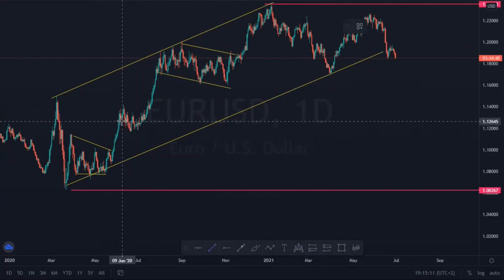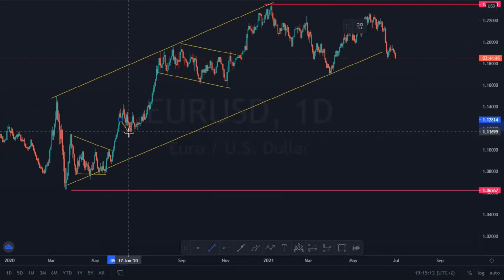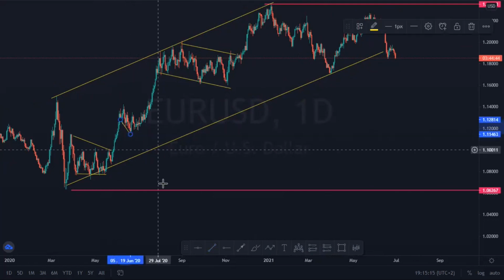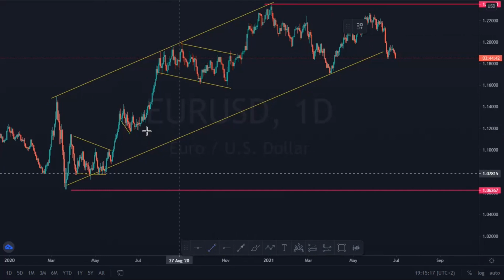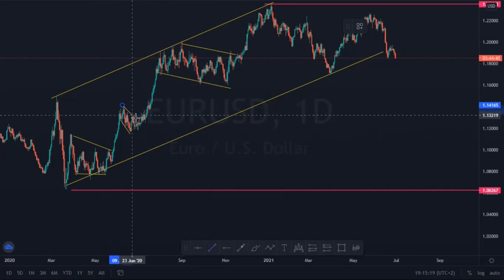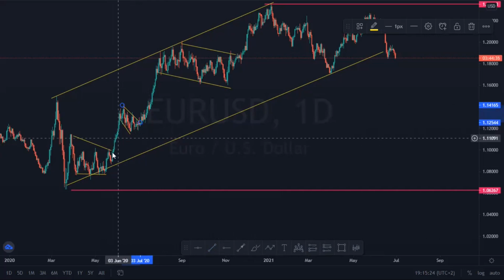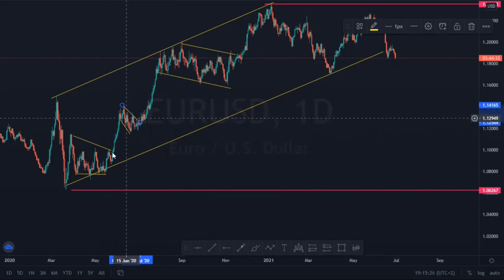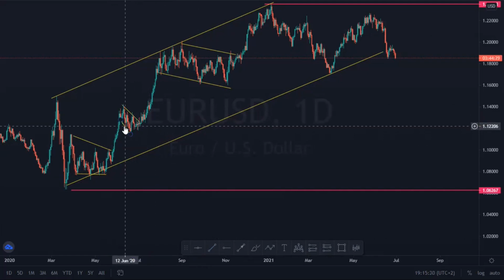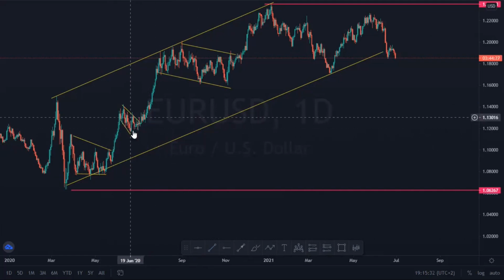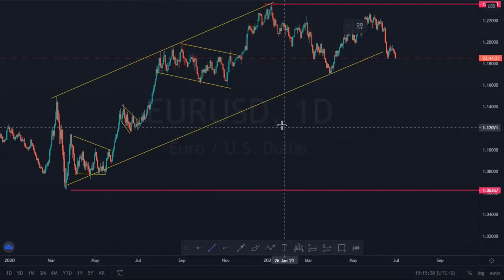I want you to notice something, guys. Especially in this example, the way I'm marking my chart, you can see that it creates a flag. Can you see that the market created something like a flag here? It's like a wedge.